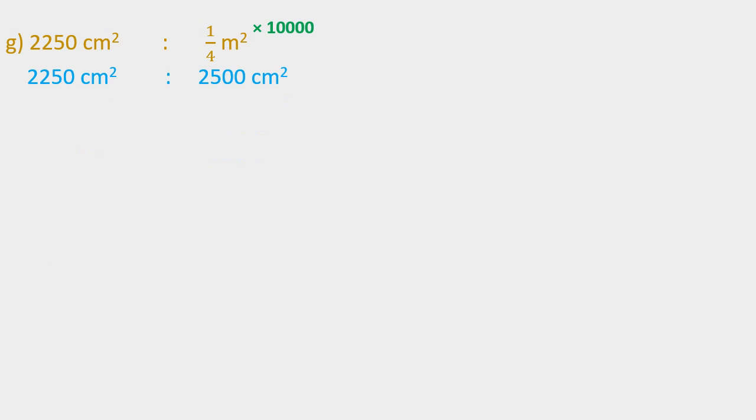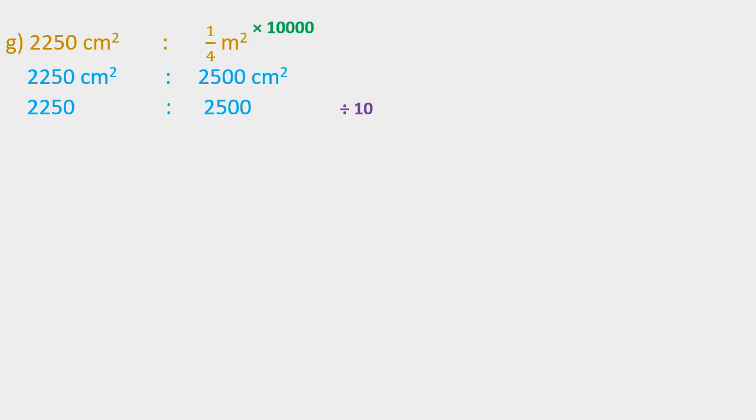And we have the ratio 2250 square centimeters to 2500 square centimeters. We can ignore the units, square centimeters. Then we have the ratio 2250 to 2500. We can divide the two numbers by 10.